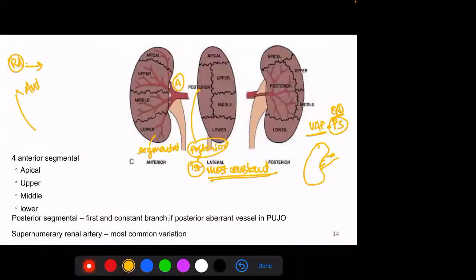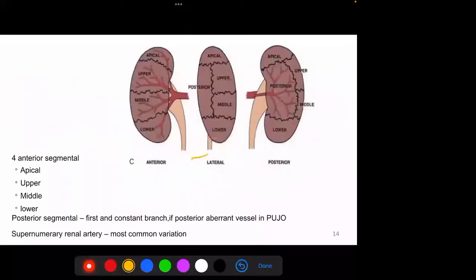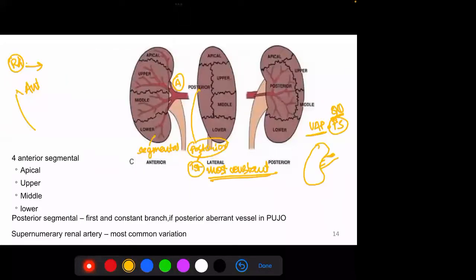So the posterior segmental artery is present most posteriorly, behind the pelvis. But if this posterior artery is present anteriorly, with the anterior arterial system, which we saw here, it causes PUJO.